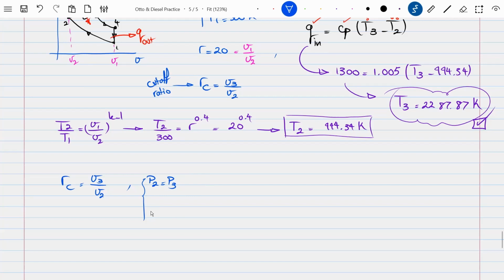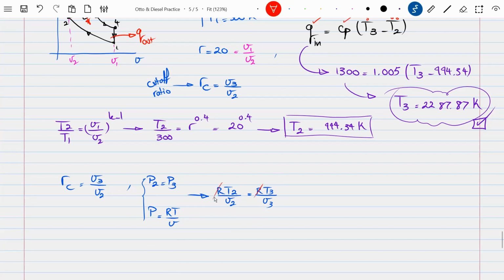Remember, the ideal gas says P is RT over specific volume. So if I combine these, I can say RT2 over V2 is equal to RT3 over V3, right? I'm just combining these two equations.